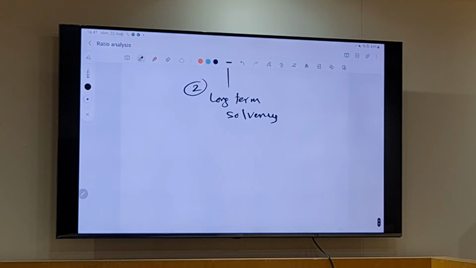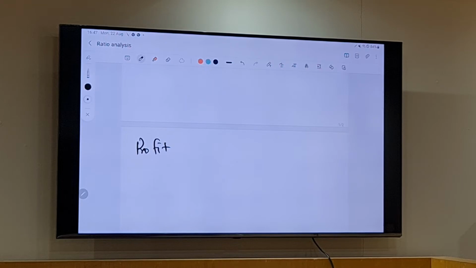So profitability. First one, ROCE, return on capital employed.